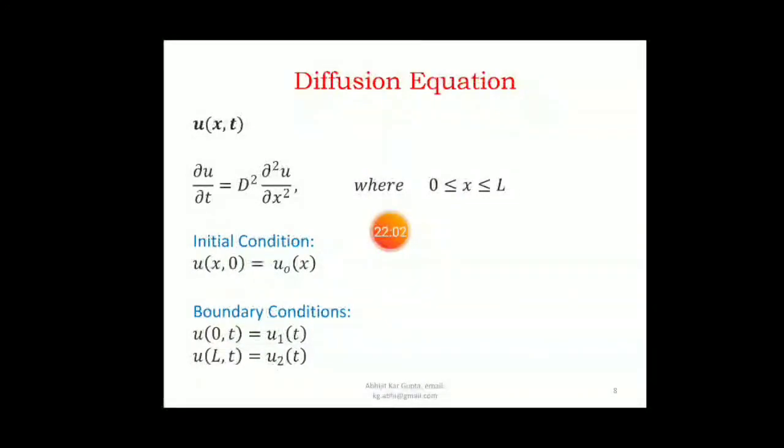So you see the right hand expressions are all functions of t. That means whatever you give will be constant over all the time. And the initial condition, whatever you give at all the points, will be a function of x only, no time. With time it will change, and that change will be given by the differential equation. So this is your diffusion equation, a complete description of the diffusion equation in 1D.